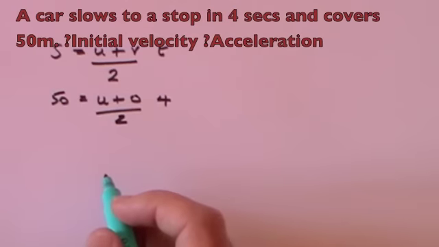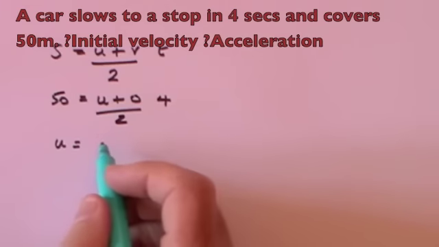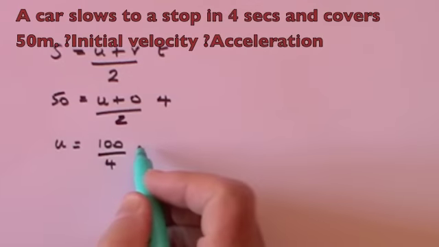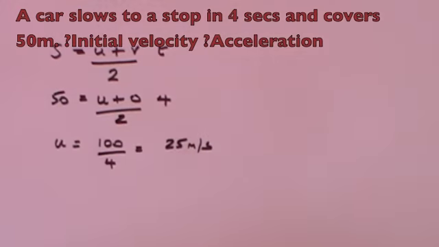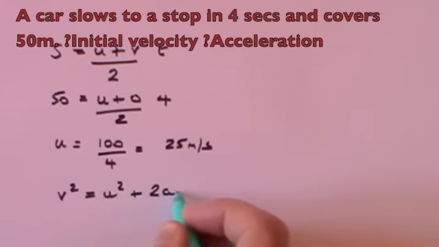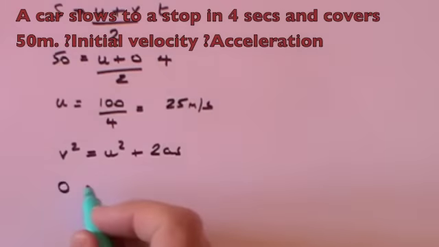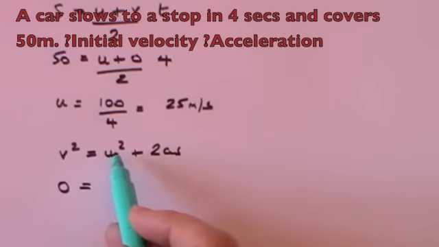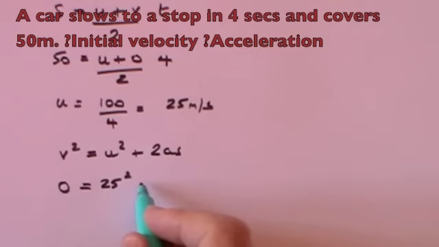And that will give us a value of u equal to 100 divided by 4, and that's 25 meters per second. To find the acceleration, we're going to use the formula v² = u² + 2as. v is the final velocity, which of course is 0. u is the initial velocity, which we've just discovered is 25, so it's 25 squared.